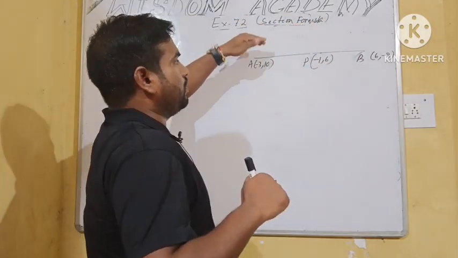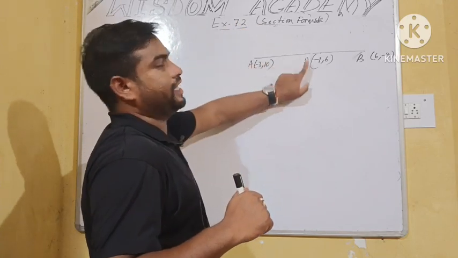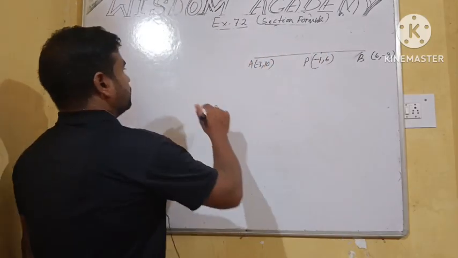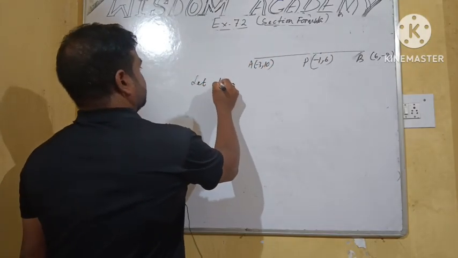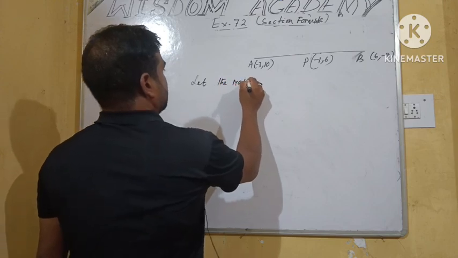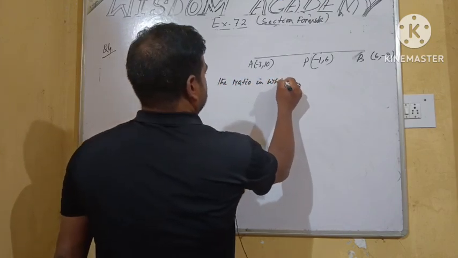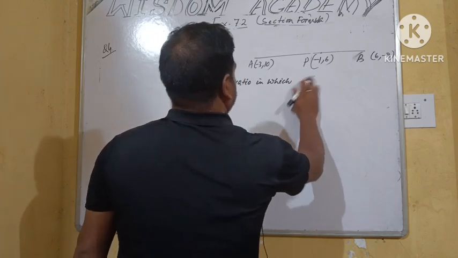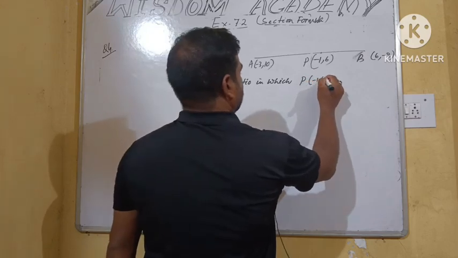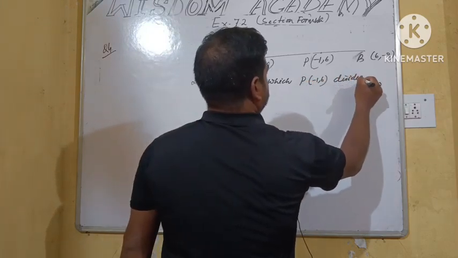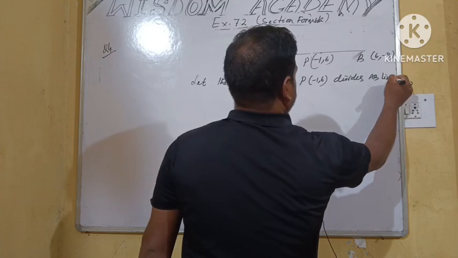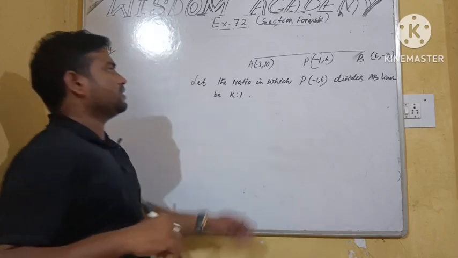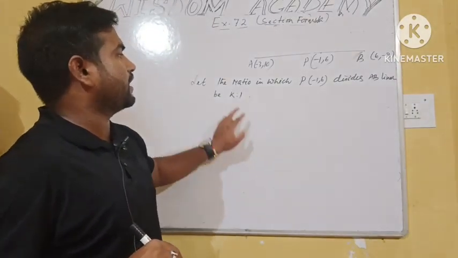Let the ratio in which P (-1, 6) divides the line segment AB be K:1.